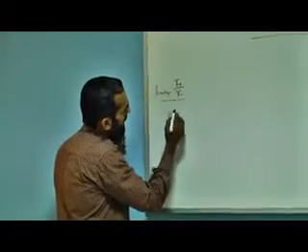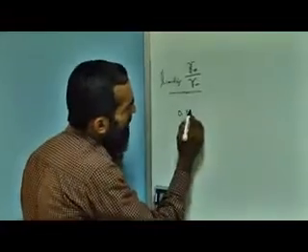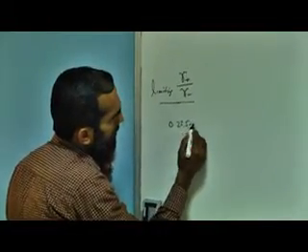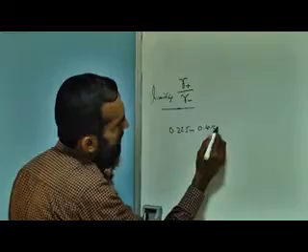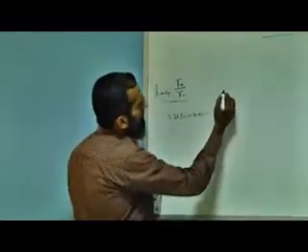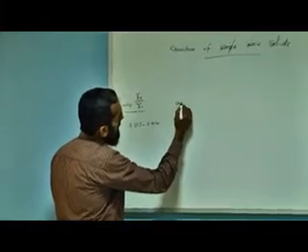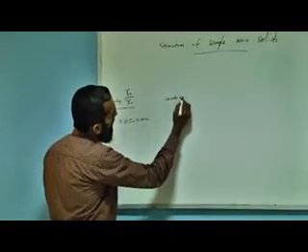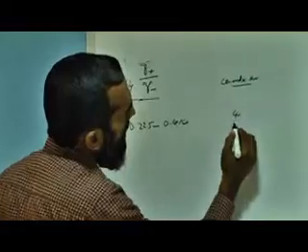Like the typical value of tetrahedral void is 0.225 up to 0.414, that is that of octahedral void. In this range, the coordination number will be 4.